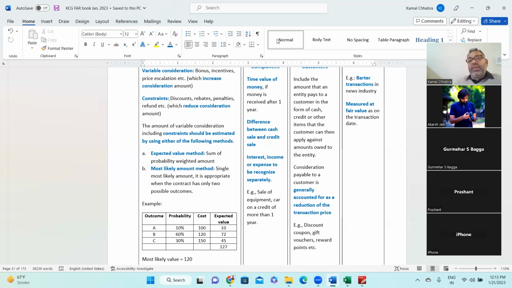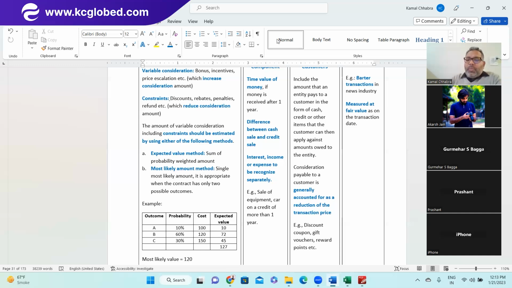What is the expected value method and what is the most likely amount method? The expected value method is simply giving a probability factor to the price and calculating the value based on that probability factor. And the most likely method uses the single most likely amount. It is appropriate when the contract has only two possible outcomes.